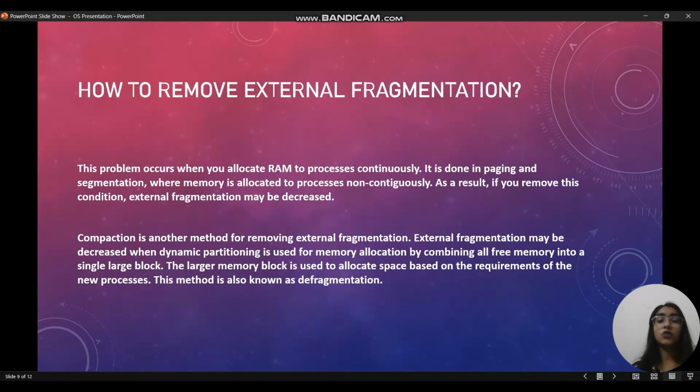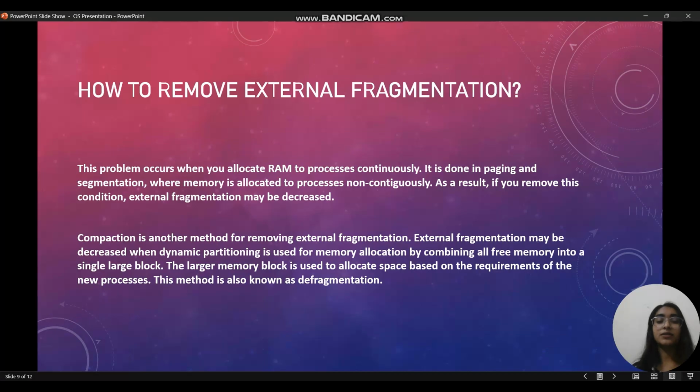Let's understand how to remove external fragmentation. This problem occurs when you allocate RAM to processes continuously. It is done in paging and segmentation, where memory is allocated to process non-contiguously. As a result, if we remove this condition, external fragmentation may be decreased.